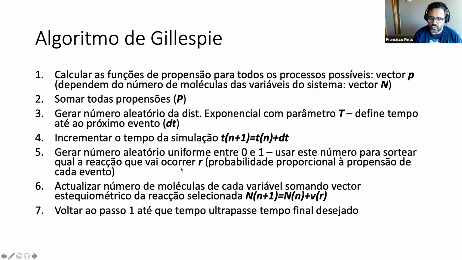So we are going to choose which reaction is going to occur. And once we have chosen which reaction is going to occur, then we can update the vector n by summing the stoichiometric vector of that process that was selected.